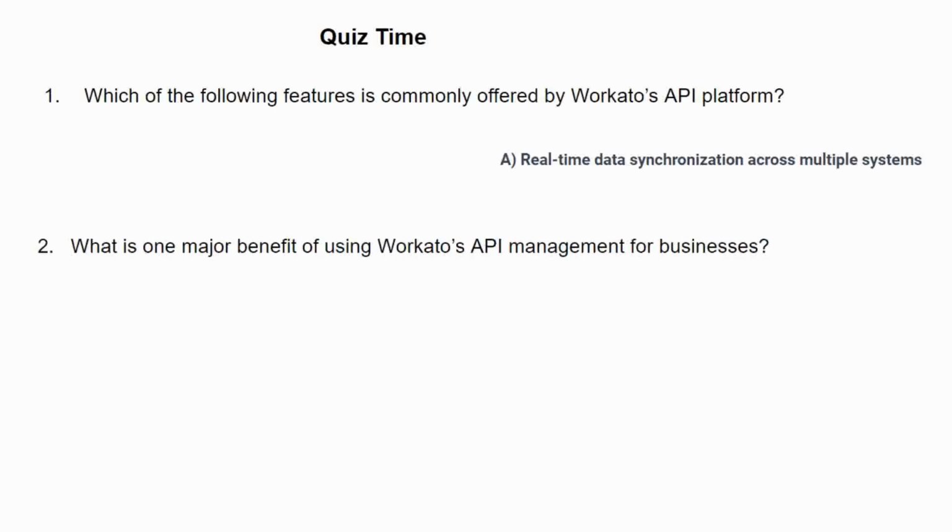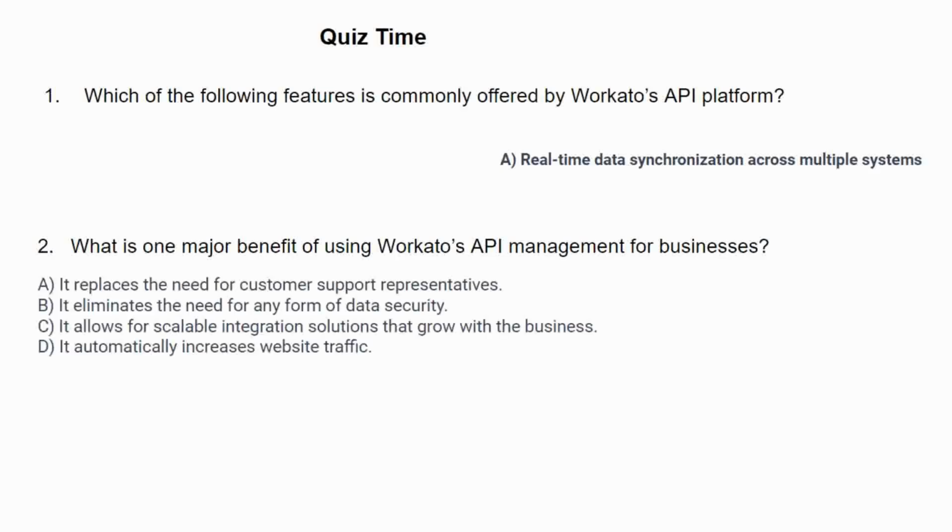The second question is, what is one major benefit of using Workato's API management for business? The options go like this. It replaces the need for customer support representatives. It eliminates the need for any form of data security. It allows for scalable integration solutions that grow with the business. It automatically increases website traffic.